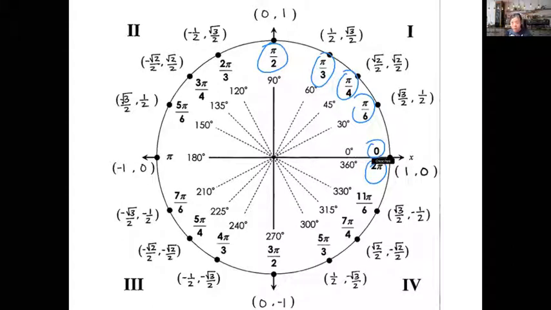The horizontal axis will be labeled with the angles, and the vertical axis will be labeled with all these sine values, so sine theta.